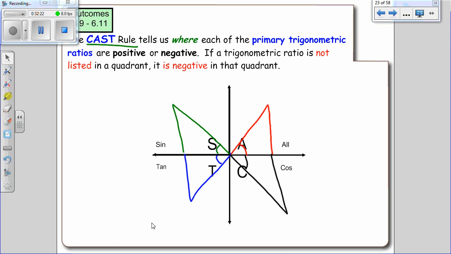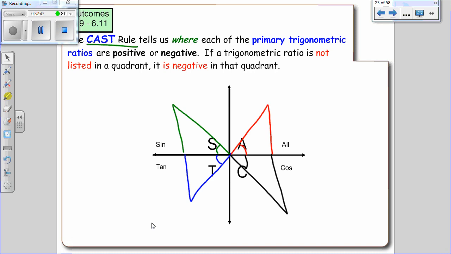If we were doing SOHCAHTOA in all of these, think about just the values you'd be using. In quadrant 1, my y value would be a positive or a negative number? It'd be positive because I went up into quadrant 1. What would the x value be? Positive.